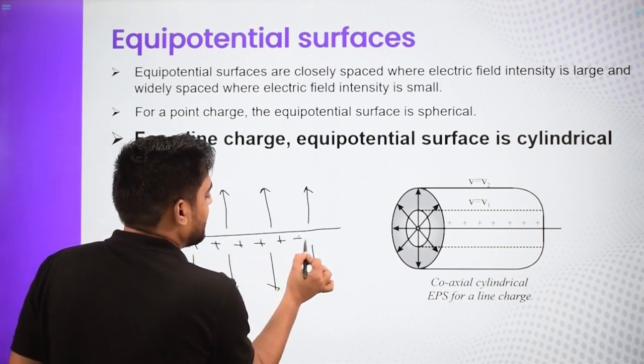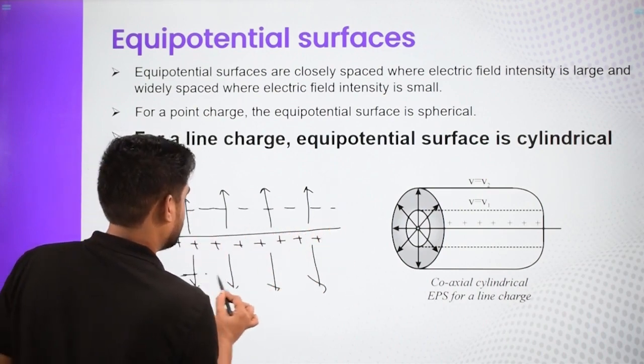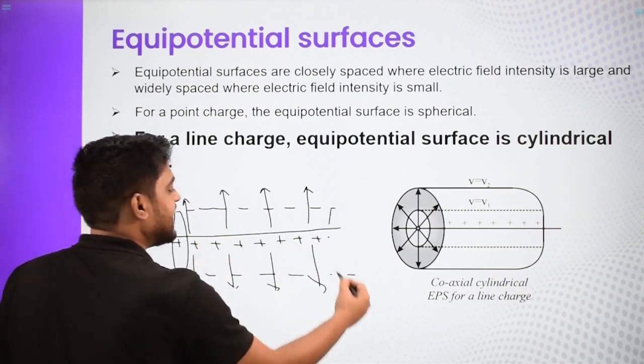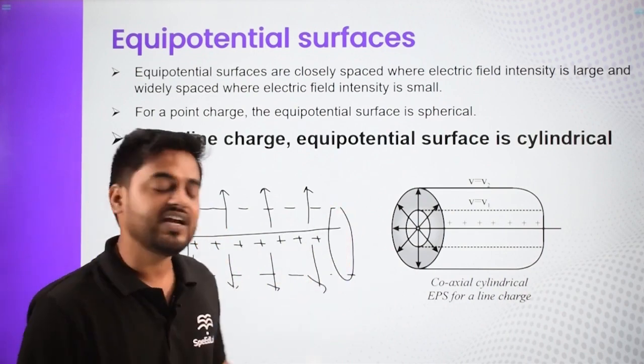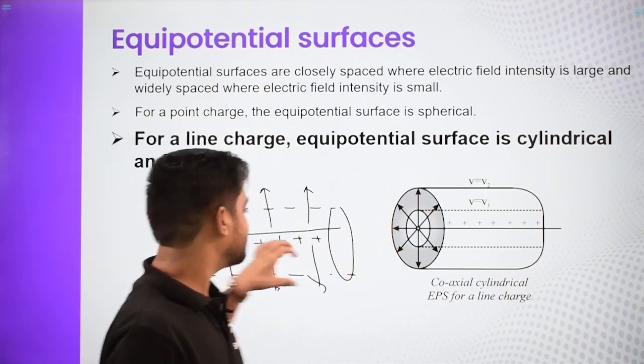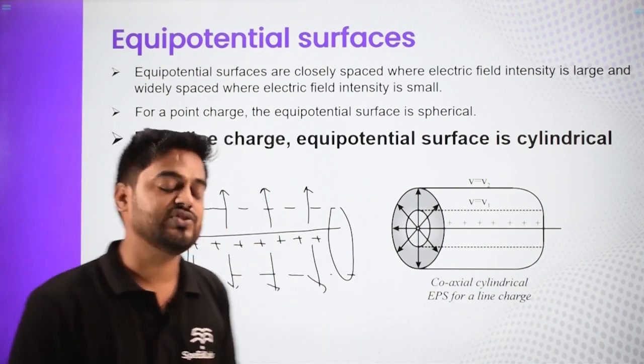Then just make a surface which is perpendicular to all of it. If you think in 3D, it will be a cylindrical surface. So equipotential surfaces will be cylinders, and such a cylinder will have the linear charge distribution as its axis.